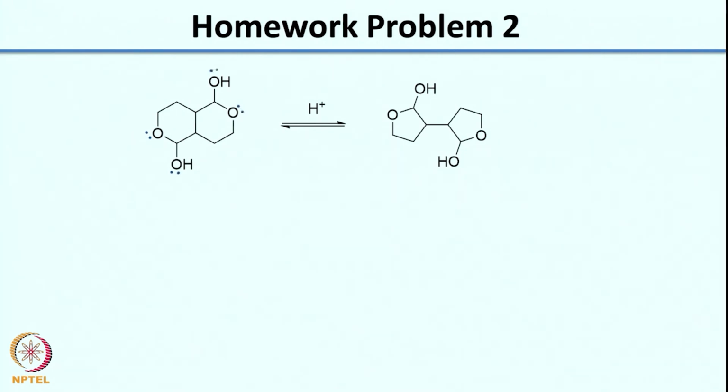The first thing would be protonation, since you are doing this reaction in an acidic medium. So now again one would be where, so here I am protonating this OH.